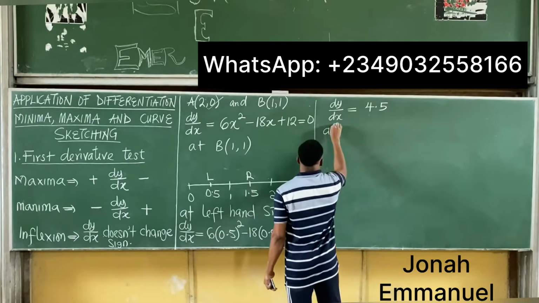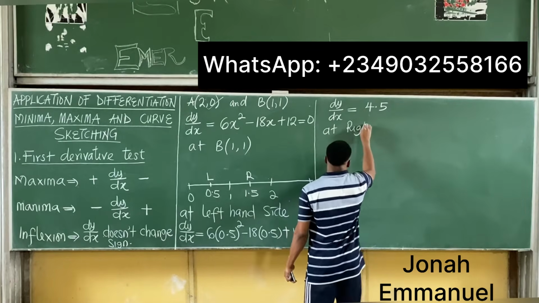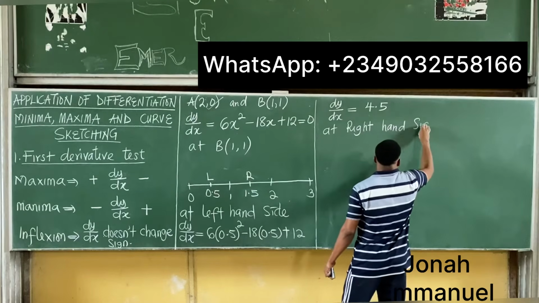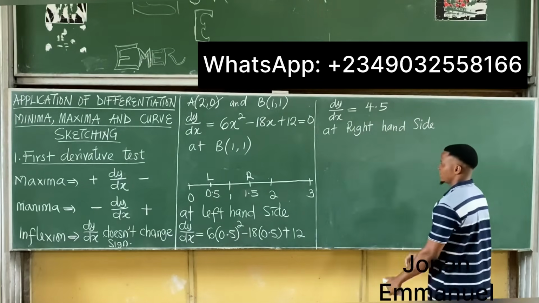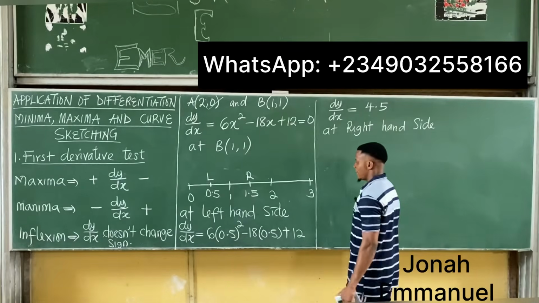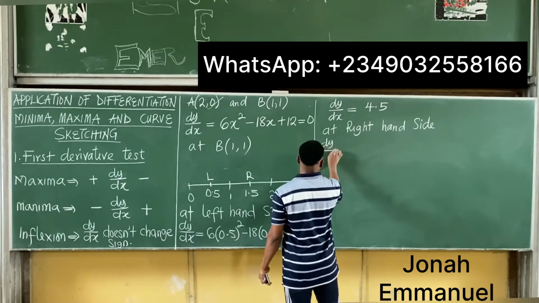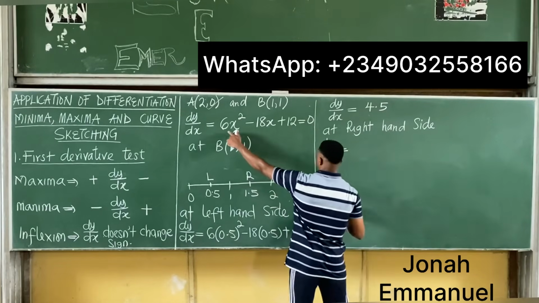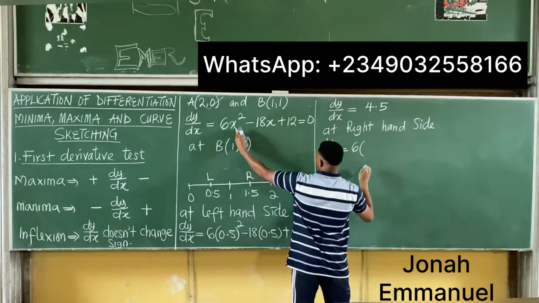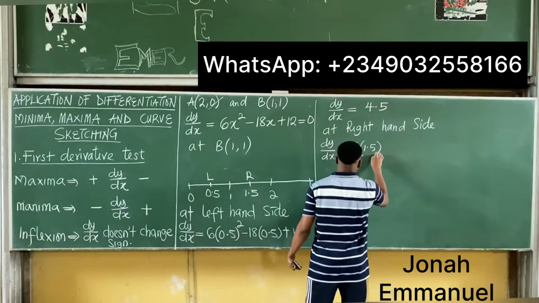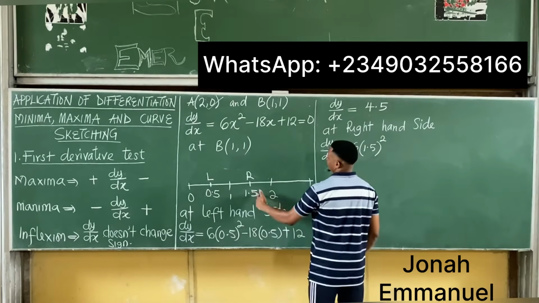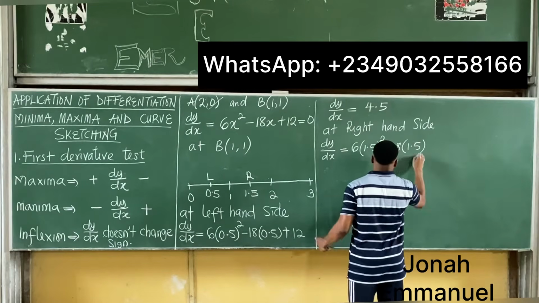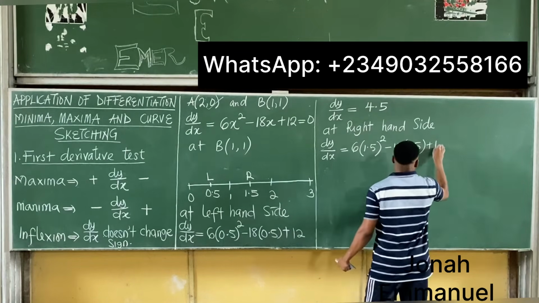Okay, let's now try the right hand side. At the right hand side, dy over dx is equal to 6 into 1.5 squared minus 18 into 1.5 plus 12.